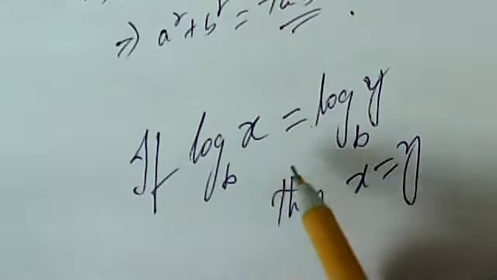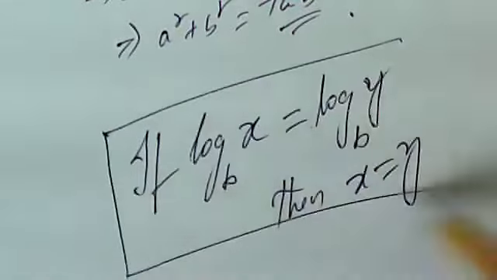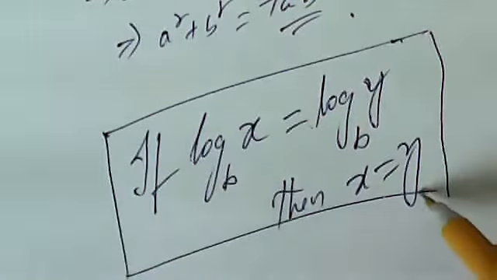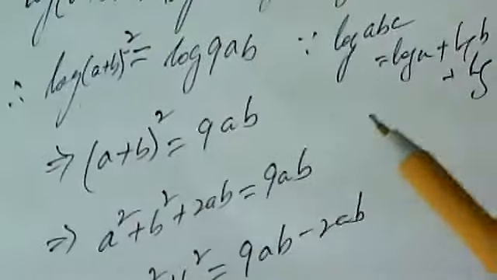Once again I repeat, log x to base b is equal to log y to base b, then x is equal to y. So this rule has been applied for this problem.